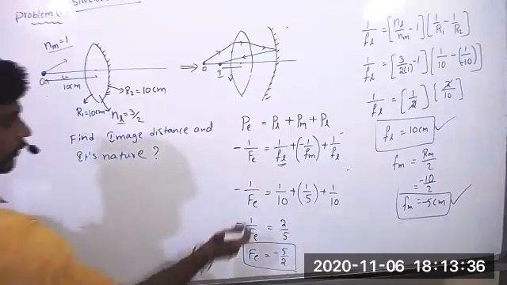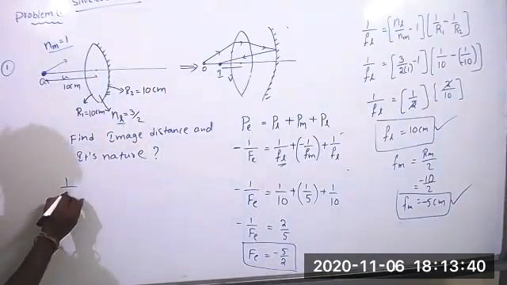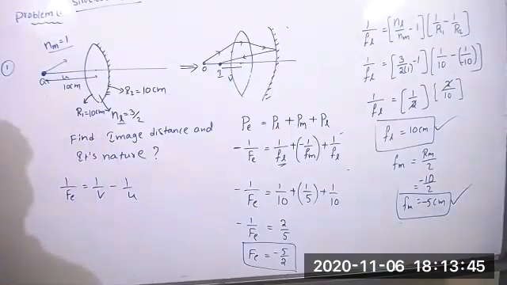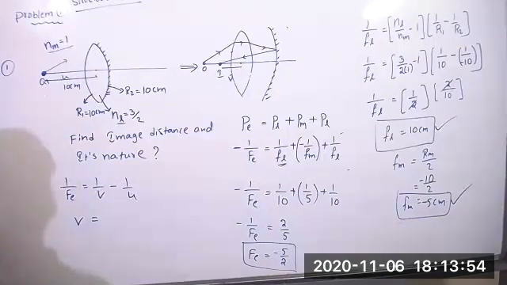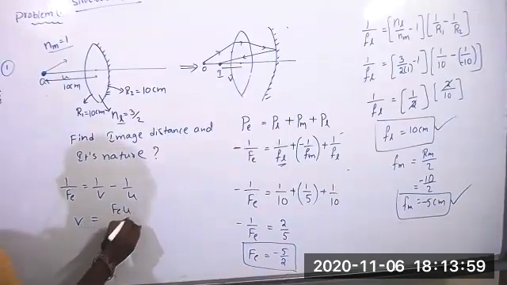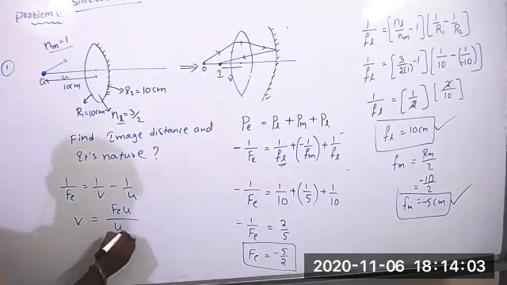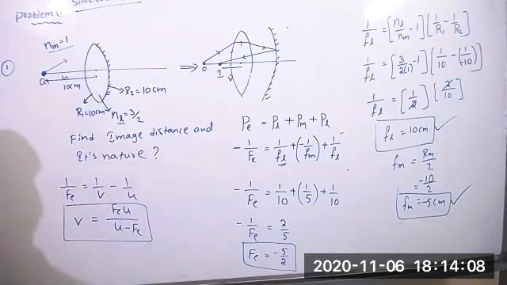Now once you find FE, what do we have to do? 1 by FE equal to 1 by V minus 1 by U. From this we know V equal to, what is the V formula? FE into U by U minus F. It is only the image distance formula.